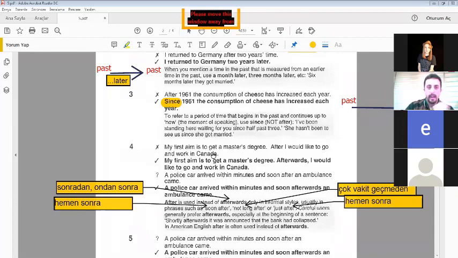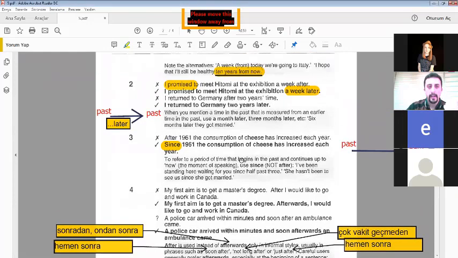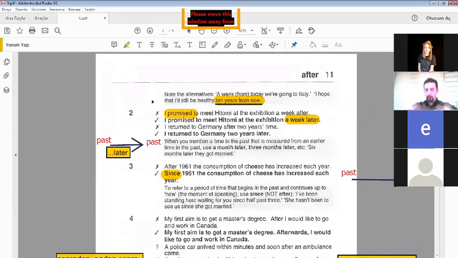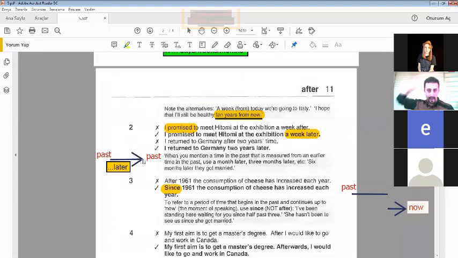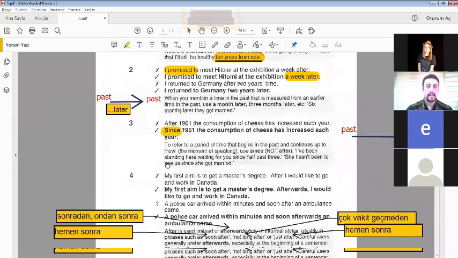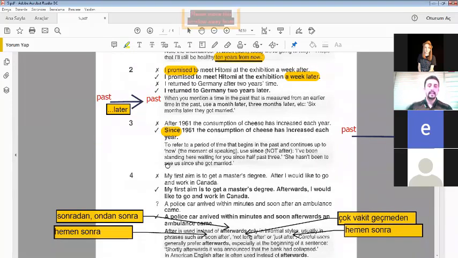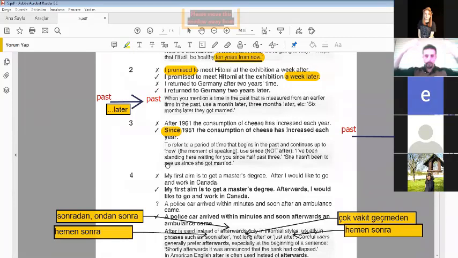Thank you, so here we have this story. If you focus, here we have now to future. So we use in times or in days or weeks or months. Next one is past to past, and the number 3 is since. What is since? Since is past to present.